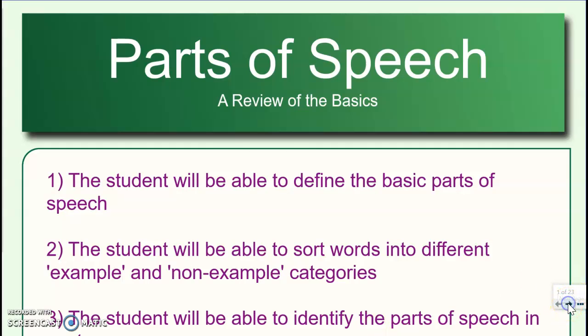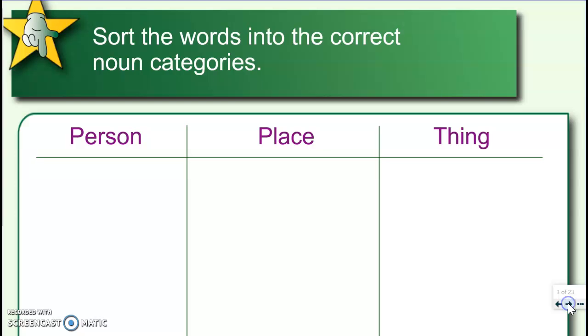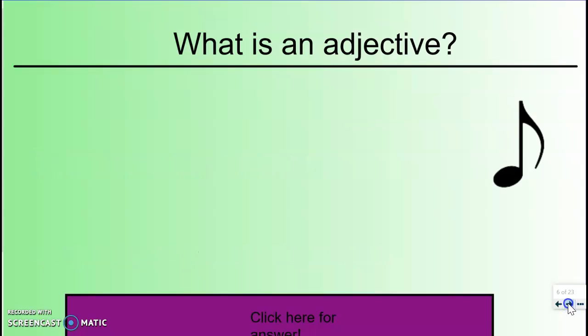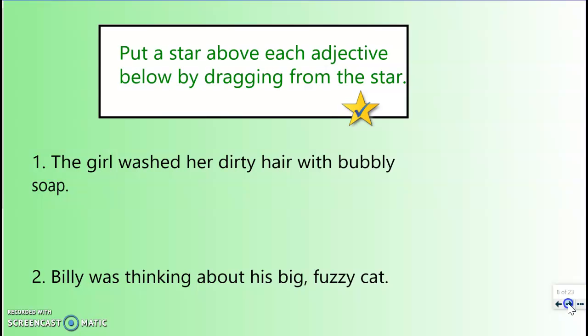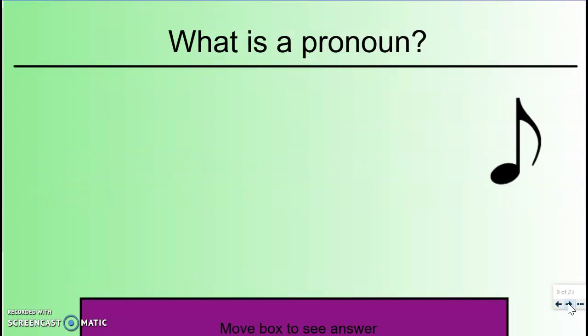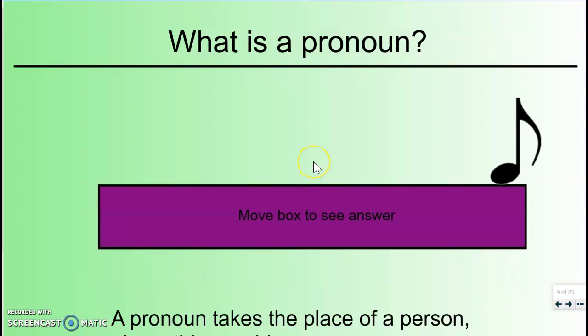Let's take a look at pronouns first. Let me get to the pronouns page. Okay, what is a pronoun? A pronoun takes the place of a person, place, thing, or animal.